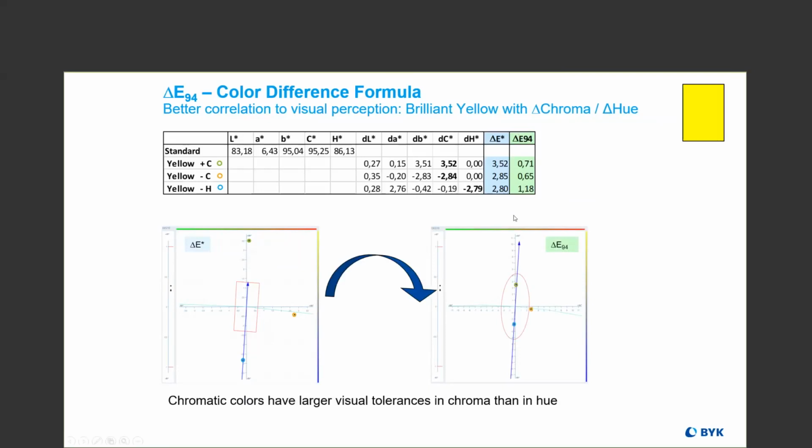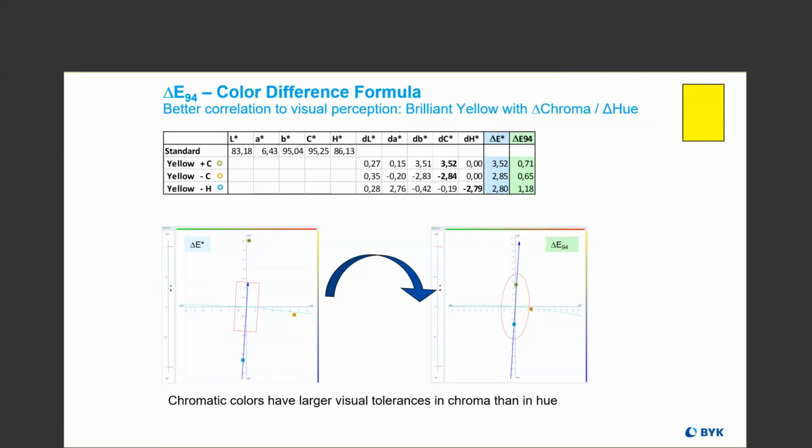We can see the color difference calculated under DeltaE star versus DeltaE 94, and we can see that the difference number goes down considerably when you switch from DeltaE star to DeltaE 94. And what that's telling me is that, take that first yellow sample with a DeltaE star value of 3.52, that's kind of a misleading value. If I heard 3.52, I would think, oh, that's a pretty big color difference.